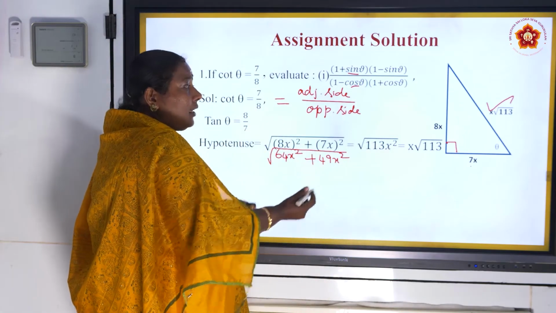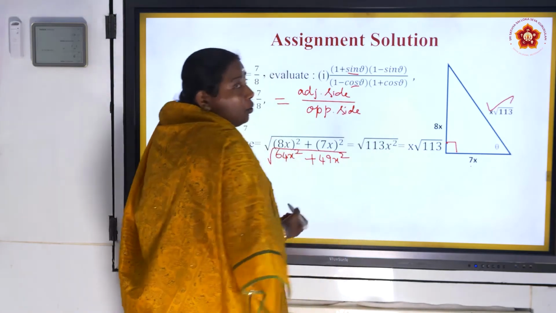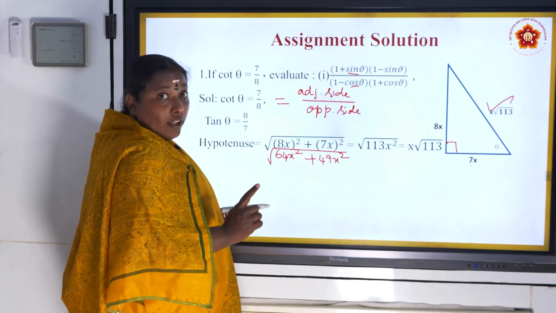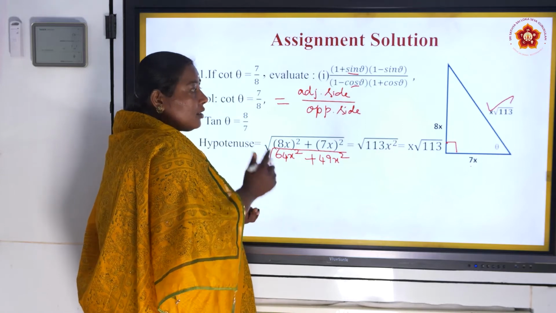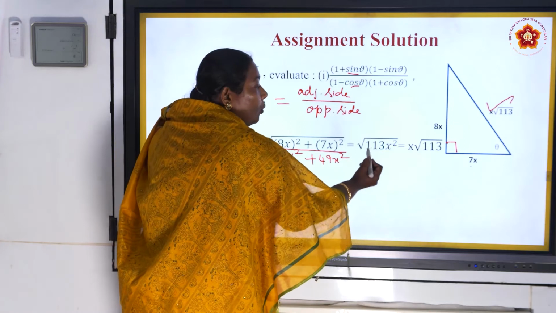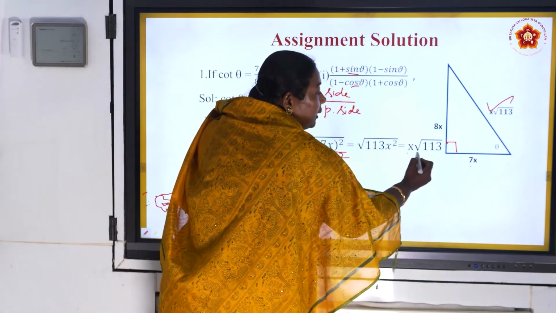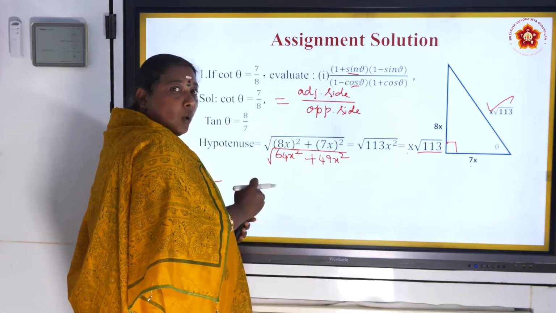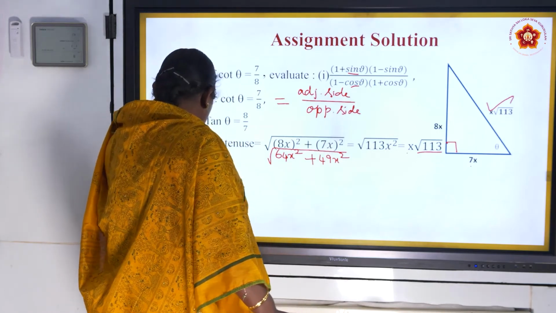Root of x square, I take the x outside, I will get x. But 113 is not a perfect square, so I have to keep the root 113 as it is inside the square root. Now I got my hypotenuse, right?